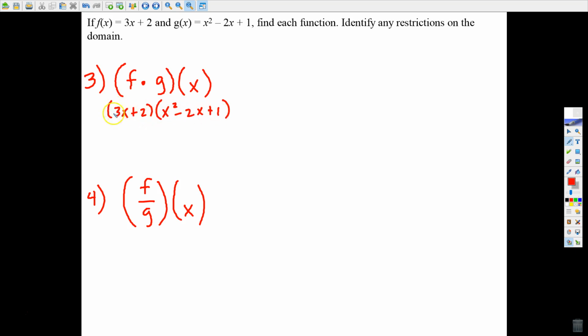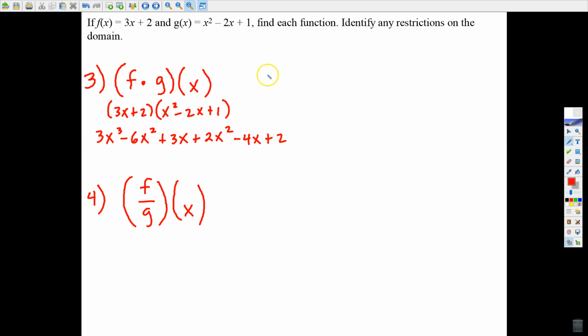Okay, so let's start with distributing 3x to each one of these. 3x times x squared is 3x cubed. 3x times negative 2x is negative 6x squared. And 3x times 1 is 3x. And now I'm going to keep going, distributing 2 to each of these terms. 2 times x squared, 2 times negative 2x, and 2 times 1.